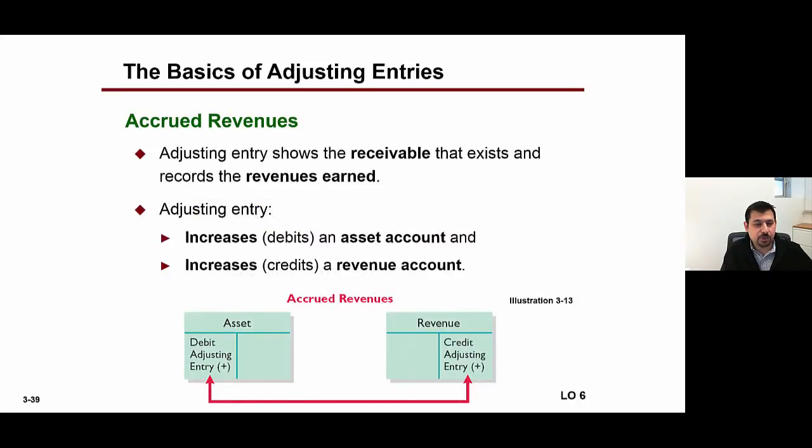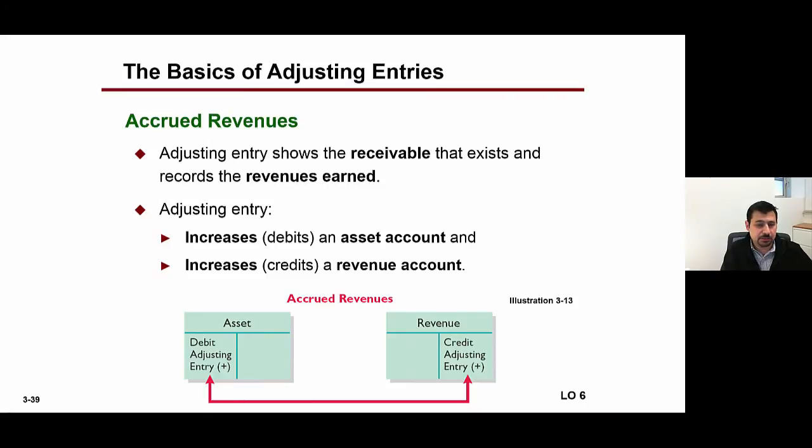And for this one, assets and stockholders' equity are both understated before making the entry. Why? Because we had said that we did not earn the revenues, so stockholders' equity was understated, and we said that we didn't have this asset. In this case, for example, let's say accounts receivable. So how do we adjust for that?